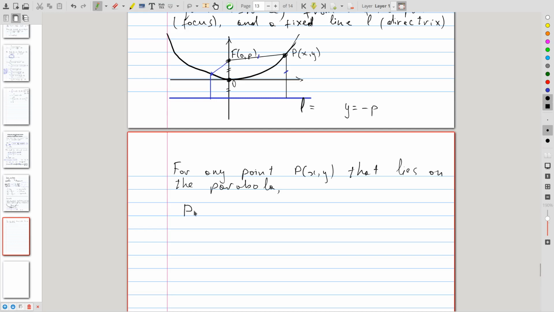So the distance from P to F must be equal to the distance from P to L. Okay, and so now is the matter of computing these two distances. So we need the distance of this segment here and of this one here.